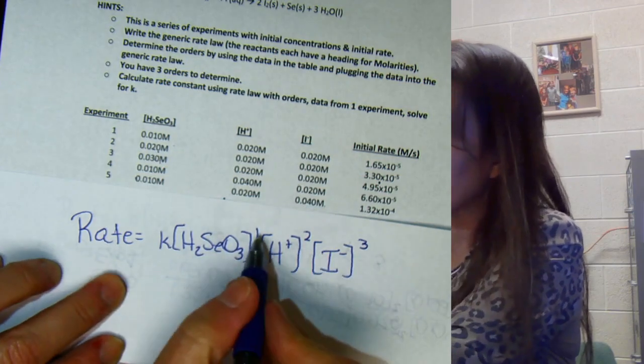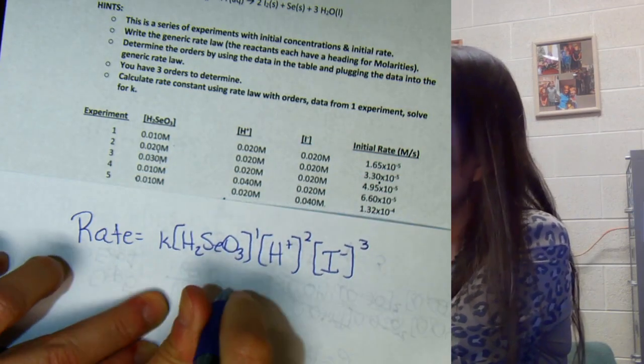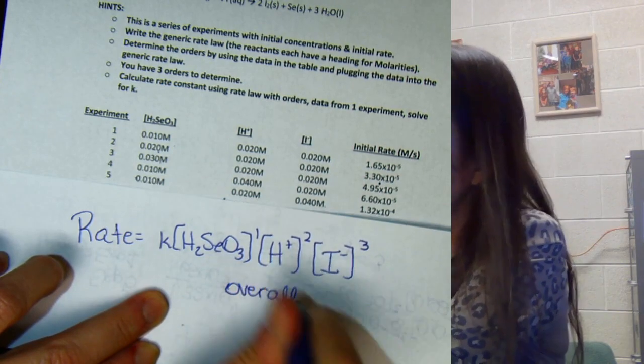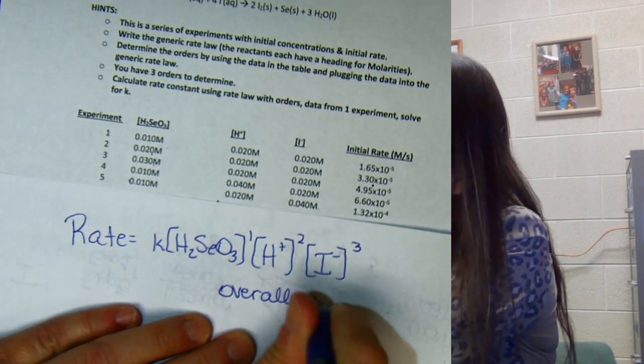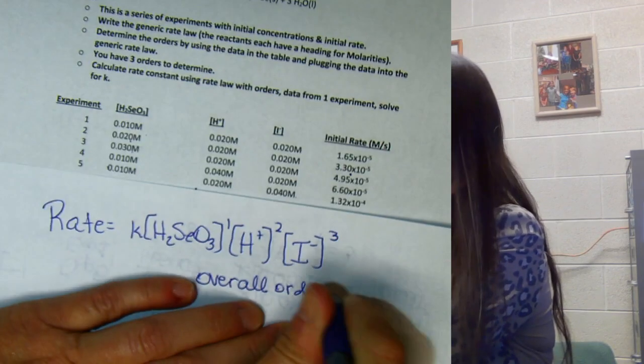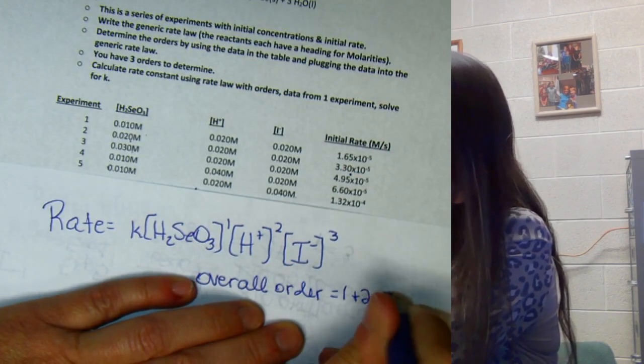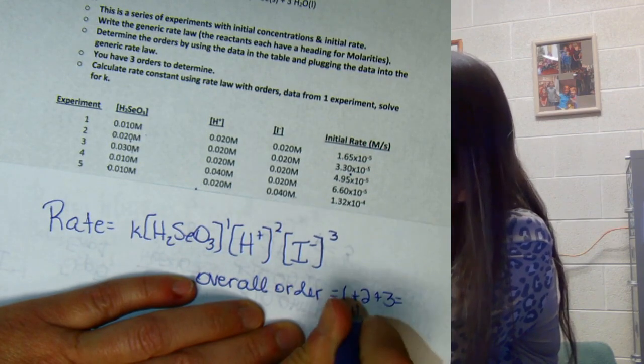That was first order, second order, and third order. The overall order would be the sum of each of those: 1 plus 2 plus 3, which would be the 6th order.